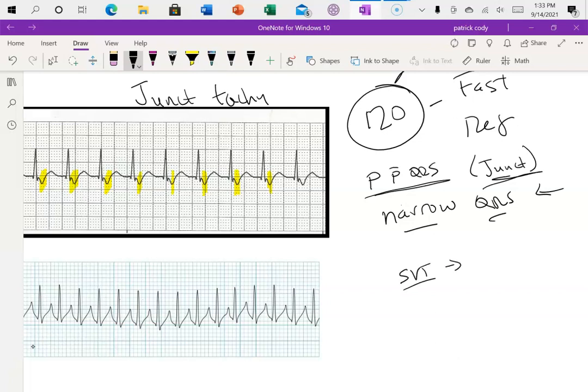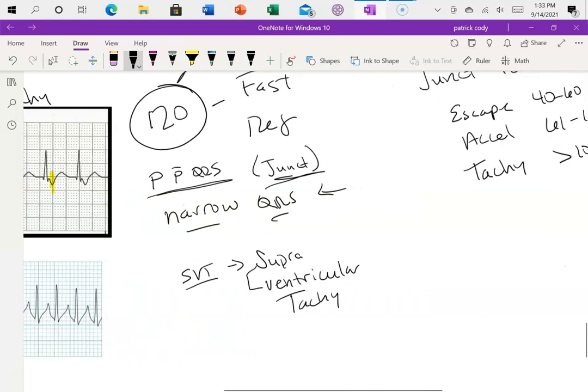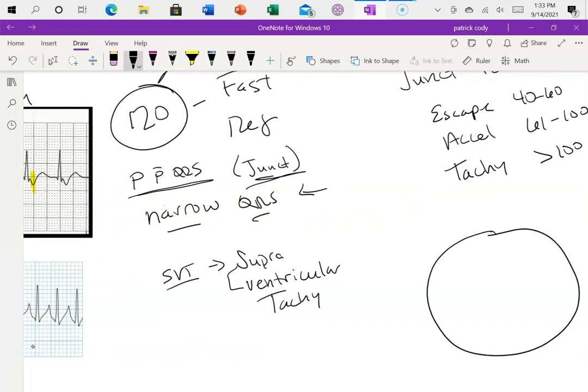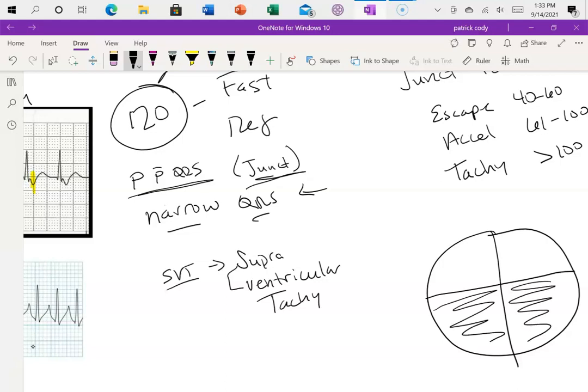So SVT literally means supraventricular tachycardia. Okay, so supraventricular means that it originates above the ventricles. So if I'm looking here at my heart and these are the ventricles here, all SVT means is that this rhythm is originating somewhere above the ventricles. Okay, so already in the last couple of lessons you've learned a ton of things that actually originate above the ventricles.